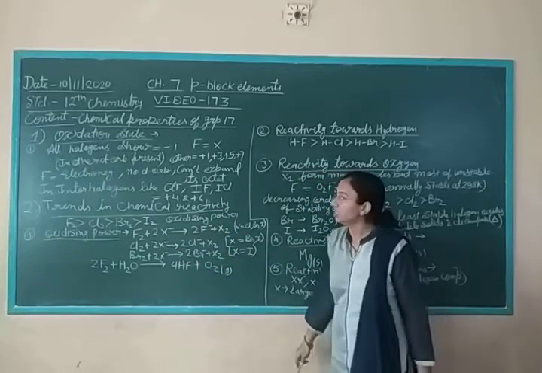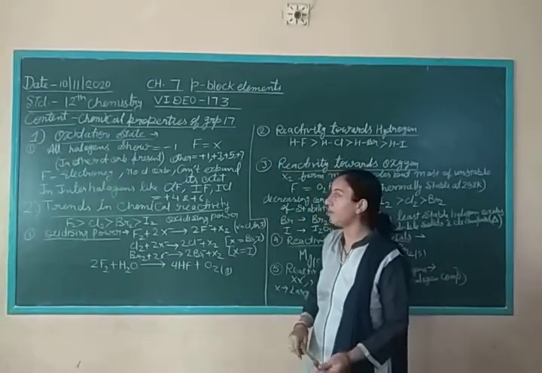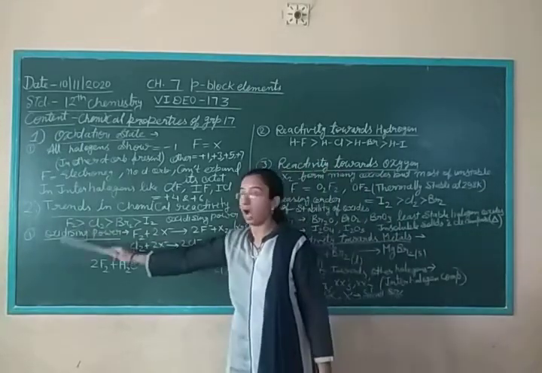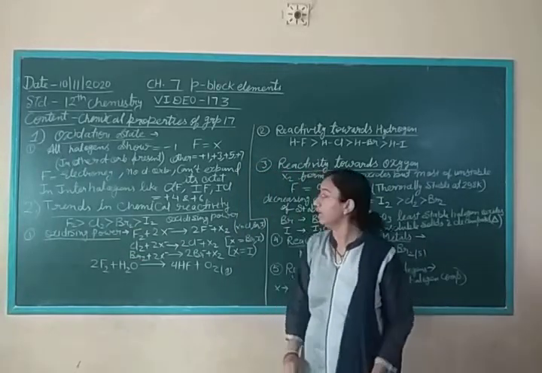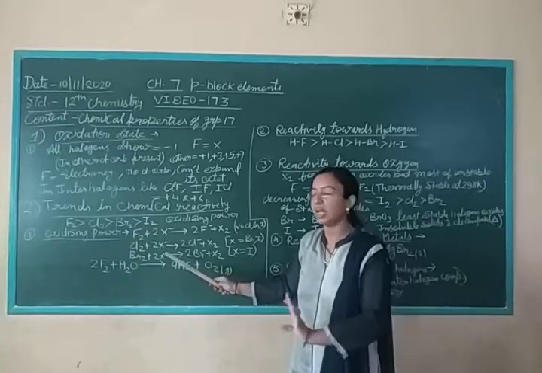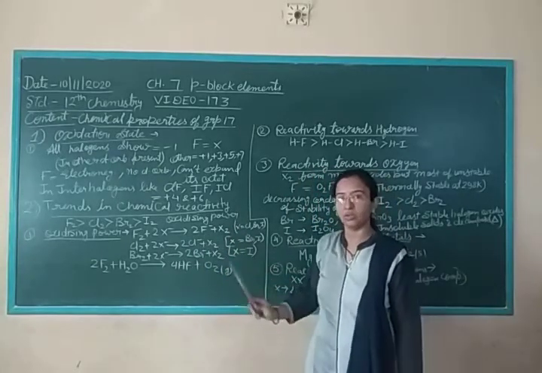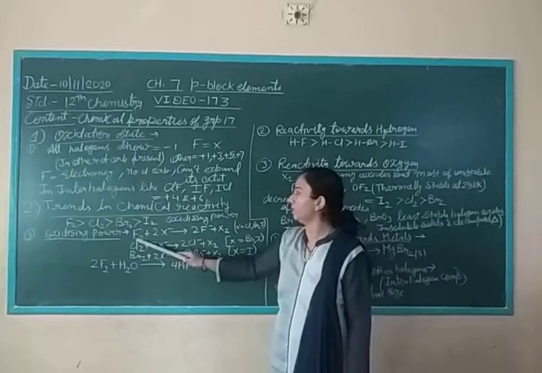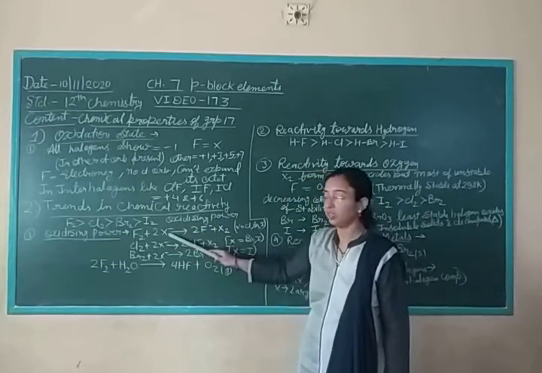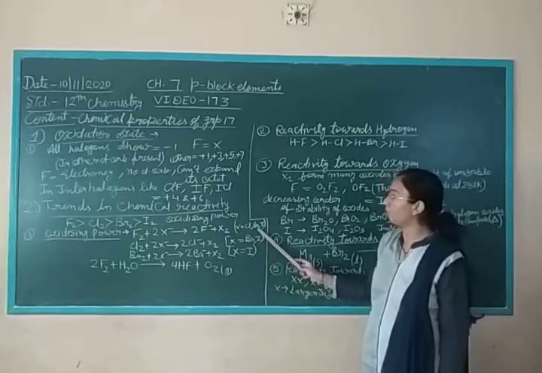Clear? Now we discuss oxidizing power. Fluorine has high oxidizing power, but why? Fluorine reacts with any other halide, forming fluoride and the halogen. So fluorine easily oxidizes the other halogens, maybe chlorine, bromine and iodine.